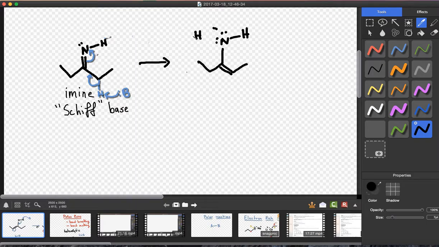And then we have a proton transfer with our protonated base that resulted from step 1. And here's our enamine. It is an alkene amine. So enamine is just a contracted name for that. Again, the imine will be more thermodynamically stable unless there's a significant amount of conjugation with the enamine.